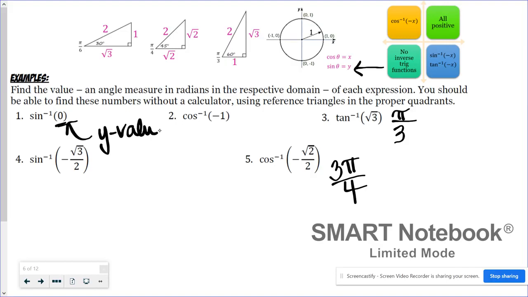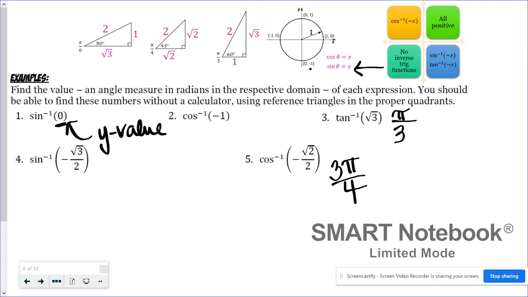Now remember, my answer to an inverse problem is an angle whose measure is in radians in the respective domain. So for sine, we're talking quadrants 1 and 4, right? So I want to limit myself to those areas, and look on my unit circle for a y value of 0.